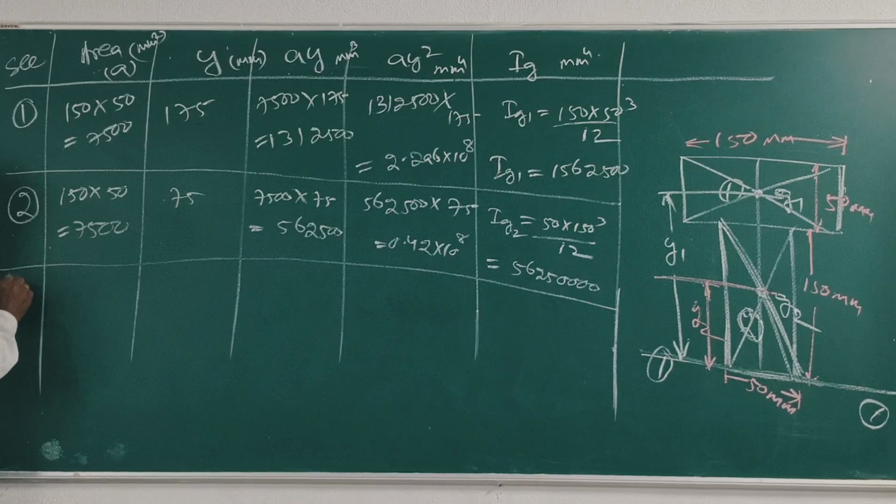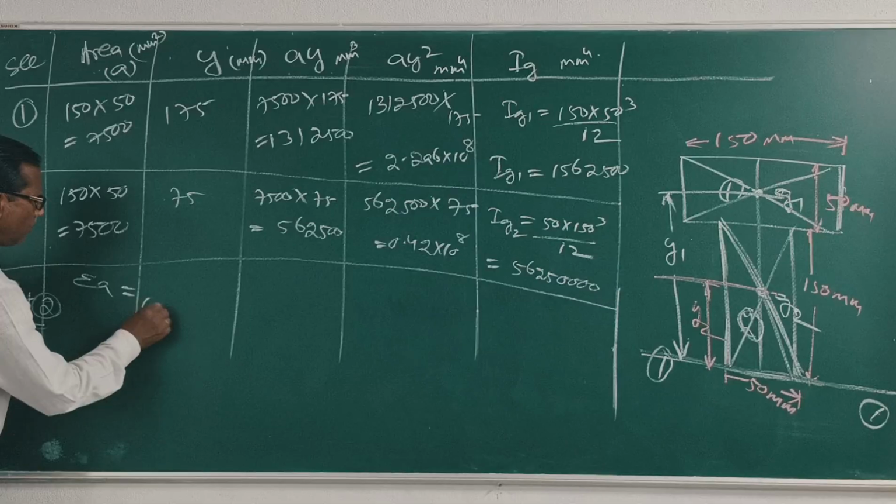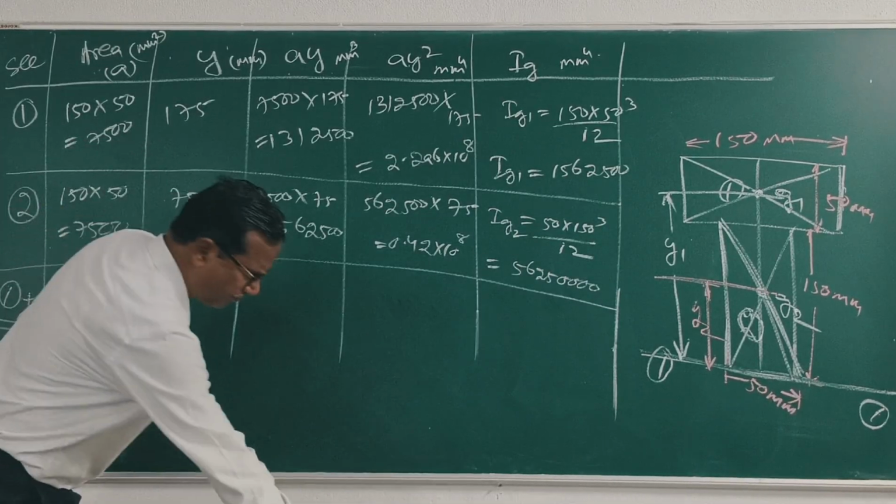Now 1 plus 2. Sigma A is 7500 plus 7500, which is 15,000.